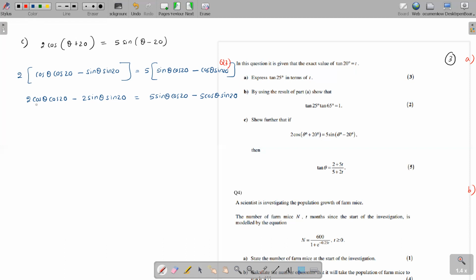You could do the division all together at once: divide all the terms on both the sides by cos theta cos 20, because cos is the base you need for tan.